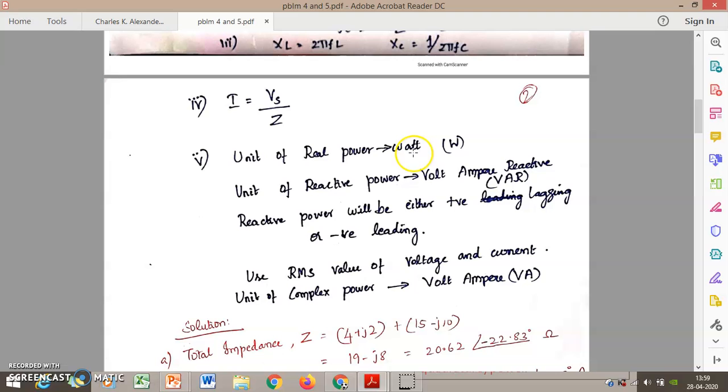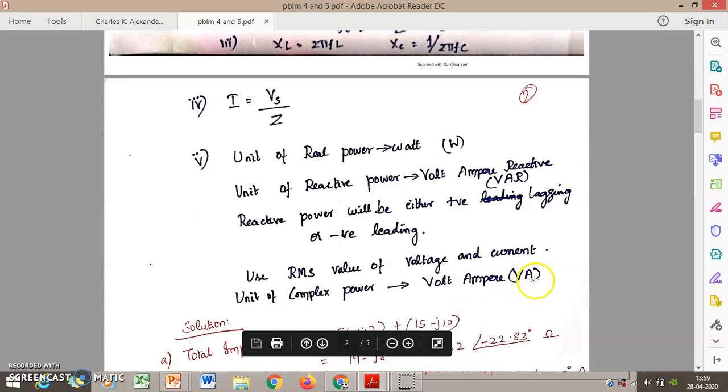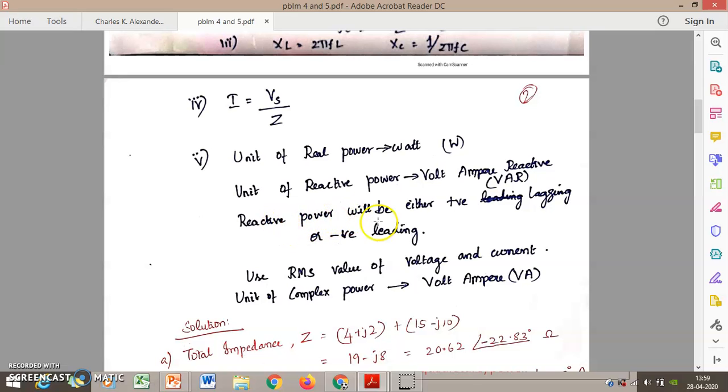The unit of real power is watt, unit of reactive power is volt ampere reactive, and unit of complex power is volt ampere. See the difference? VA, VAR, and W. The reactive power has a different case. Reactive power, if the answer is positive, it is lagging power factor. If the reactive power answer is negative, then it means it is leading.